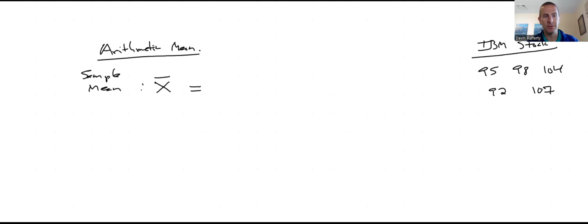X bar is equal to the summation of X divided by lowercase n. It's not capital N, it's lowercase n. Lowercase n is the number of observations in a sample. And yes, this does make a difference.